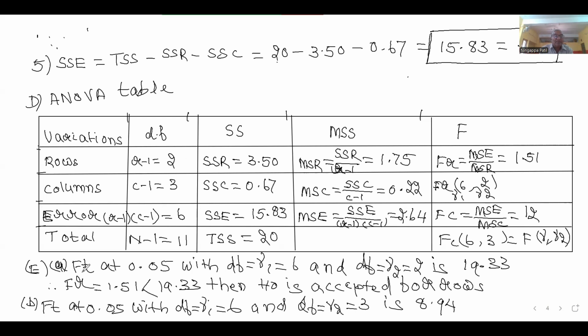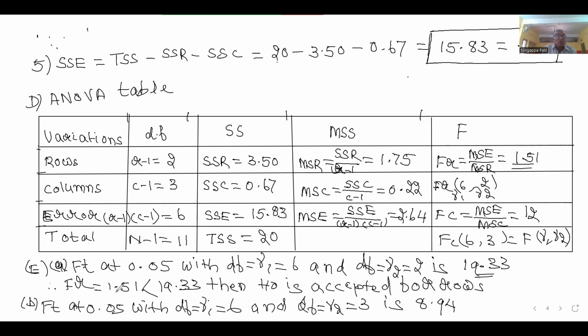Now, look here, table values. Ft at 0.05: you open the table at 0.05 with degrees of freedom mu1, which is 6, and degrees of freedom mu2 equal to 2. Then you get 19.33. Now you compare this 19.33 with this 1.51.